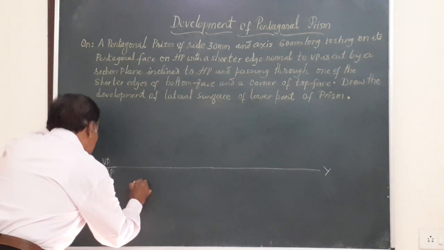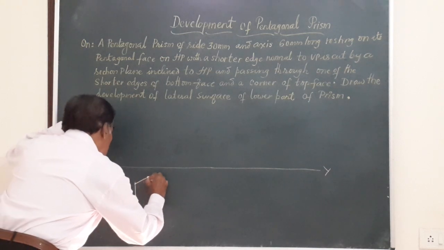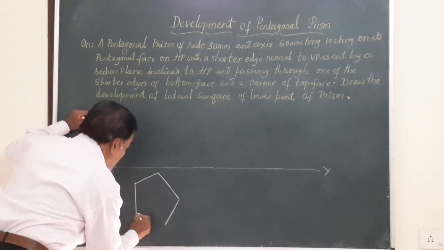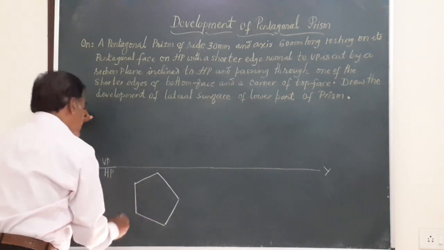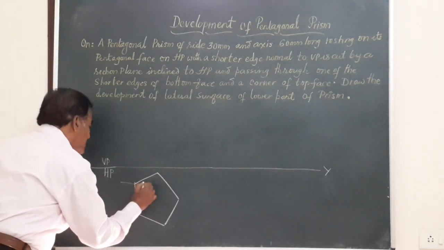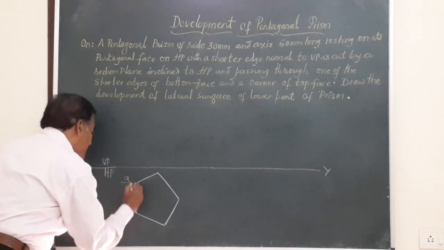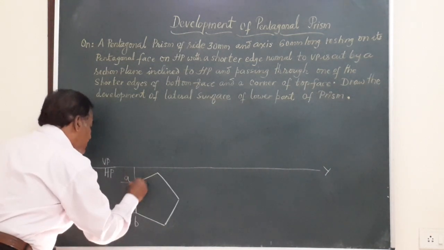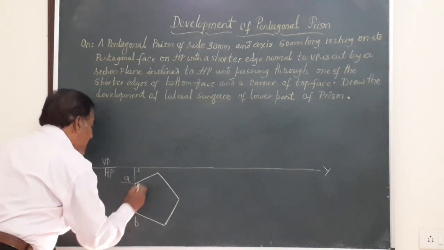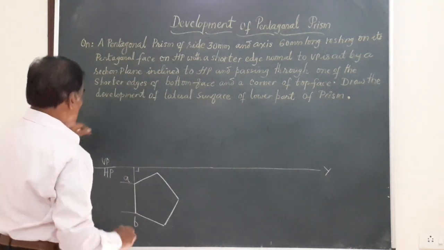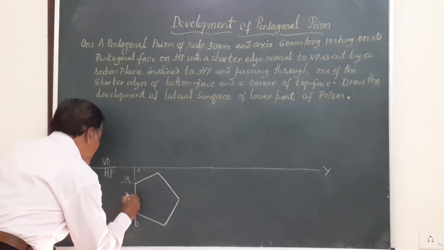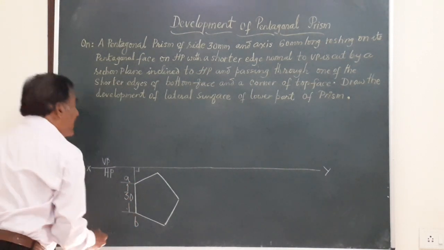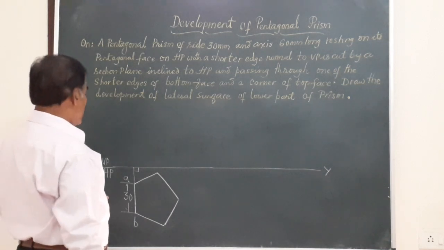So I am going to mark a pentagon in the top view, such that this pentagon has one of these shorter edges, say the shorter edge is AB, and that AB is now perpendicular to VP. And the dimensions of these are 30 millimeter side, the shorter edges have, and the height of the solid is given to be 60 mm.